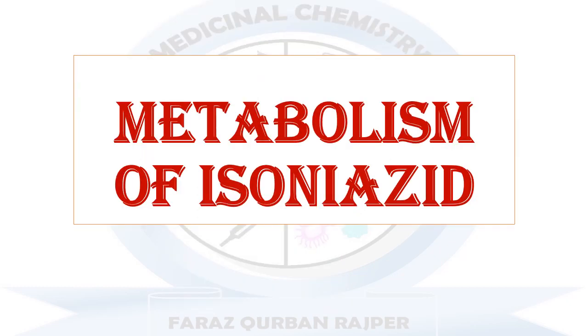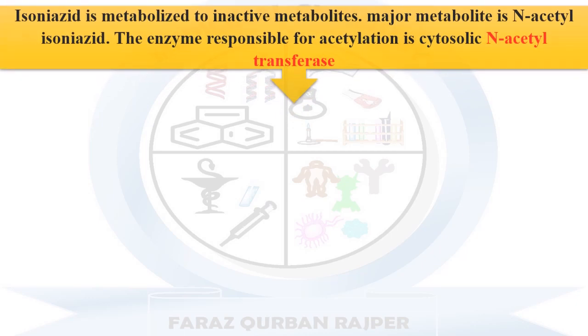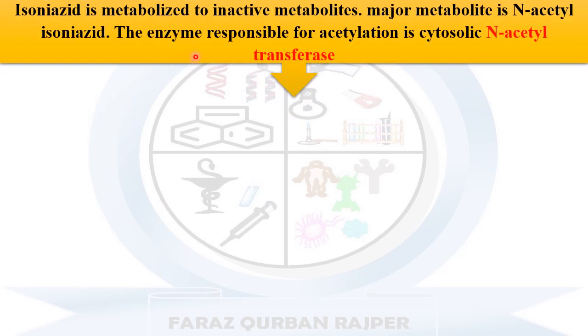Metabolism of isoniazid drug. Now let's discuss how isoniazid is metabolized and converted into its different active and inactive metabolites. Isoniazid is metabolized into metabolites, some of which are inactive, like N-acetyl isoniazid.